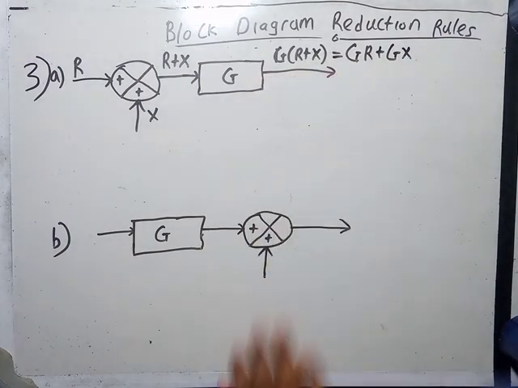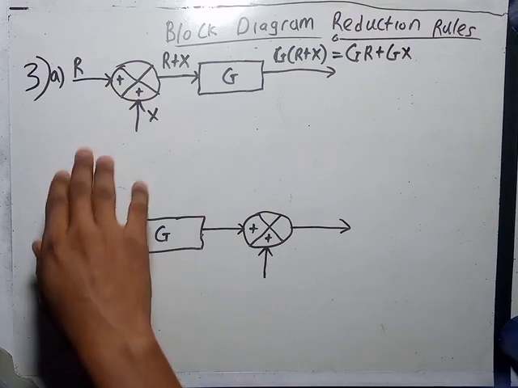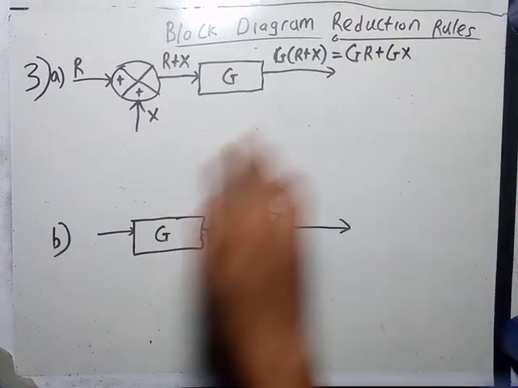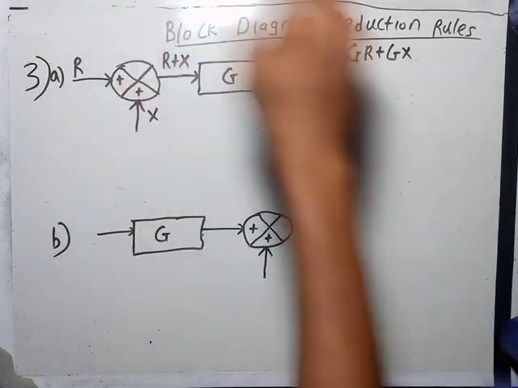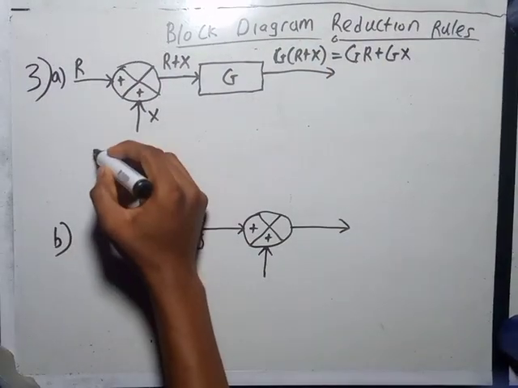So this is our output. Now we want to find another way we can do this to get the same output. So for us to move our summing point in front, this is what we'll be having.